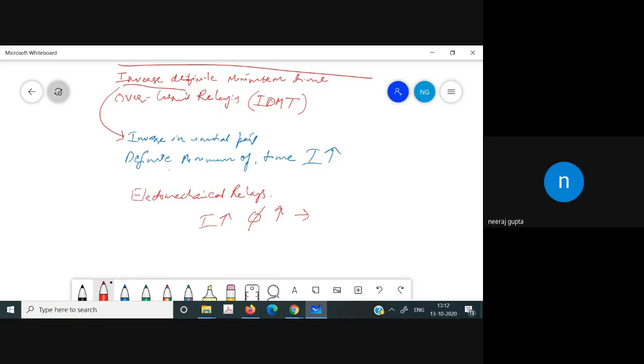The flux will be so high that it is in the saturation portion. The operating torque is proportional to the square of the flux, and as a result it does not increase substantially after the saturation sets in.